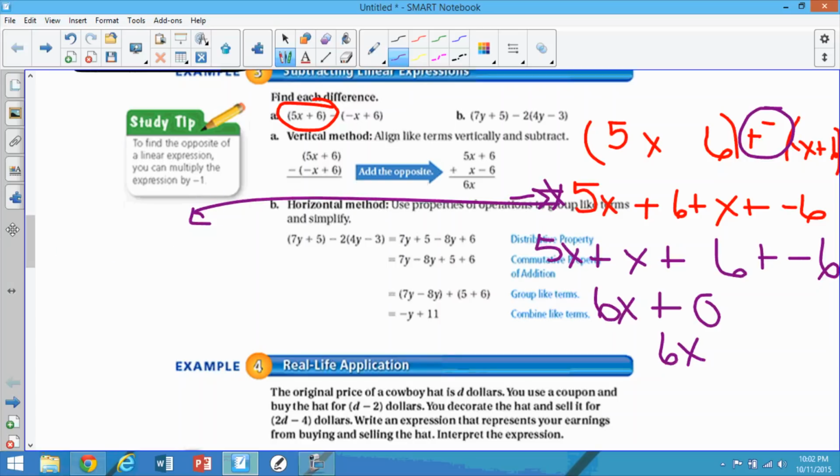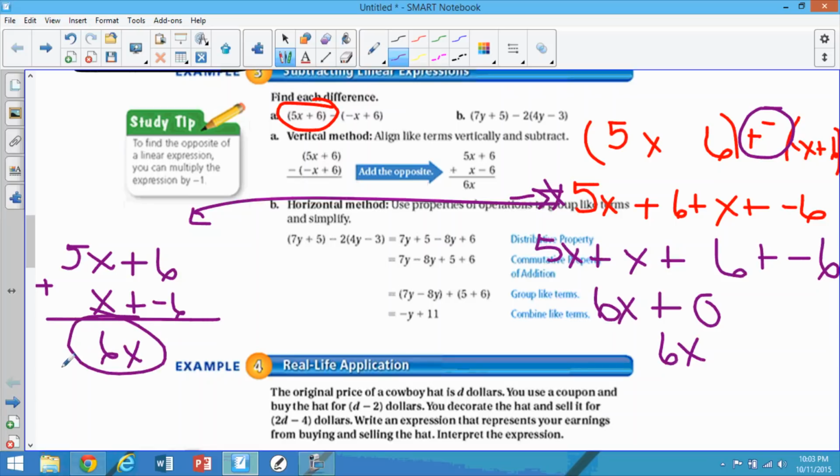Okay? Now, you could go from this step right here and go right to the vertical method, which would be 5x, but you still have to show that step in red, 5x plus 6, and then we're adding it because we turn that minus into a plus, 5x plus 6 plus x plus a negative 6. 6 plus negative 6 is 0. 5x plus x is 6x.